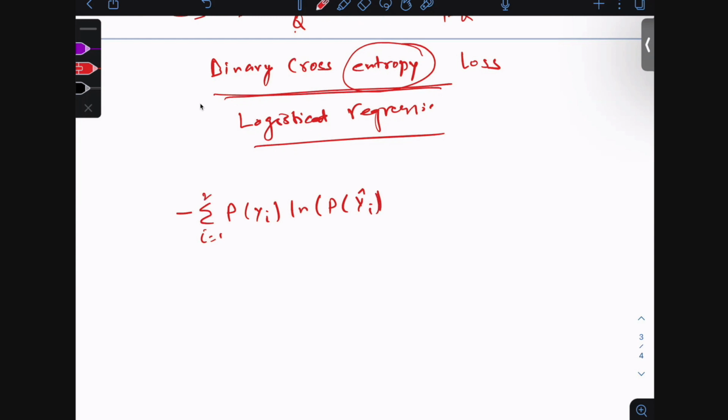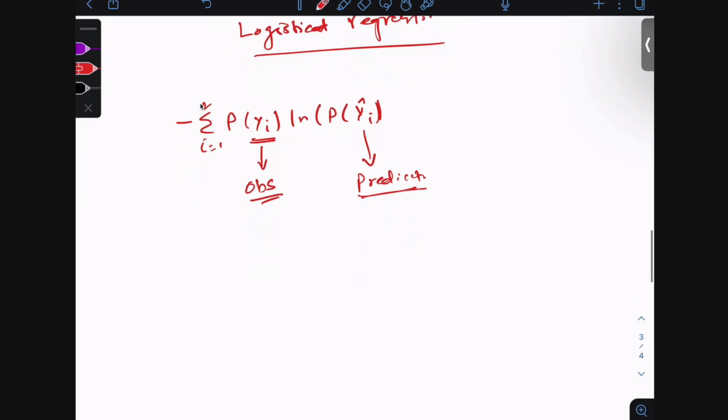But let's say, what is yi? This was my observed, right? This was my predicted, correct? So friends, can you relate this observed and predicted? Observed was the initial distribution, let's say the P distribution, and this Q distribution is the predicted one, right? This is the difference. Now let's see how it is related to KL divergence. Now in case of a two-class problem, what will happen? I'm just shortening it.